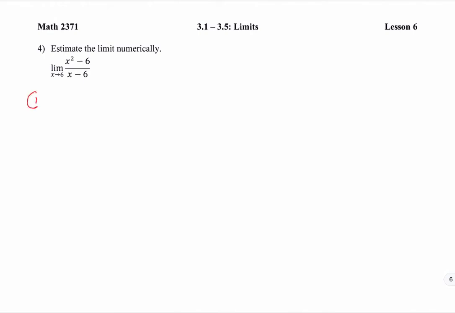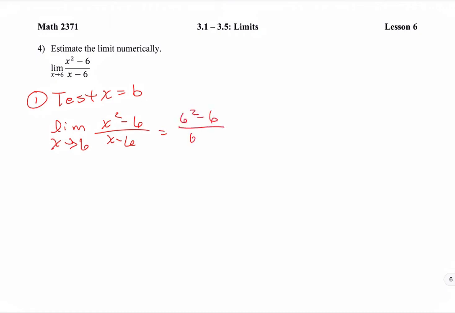First thing is test x equal to 6. So I have the limit as x goes to 6 of x squared minus 6 over x minus 6. So that is 6 squared minus 6 over 6 minus 6. So that's 36 minus 6 over 0. So this is no solution.